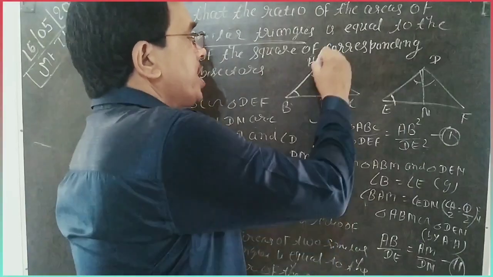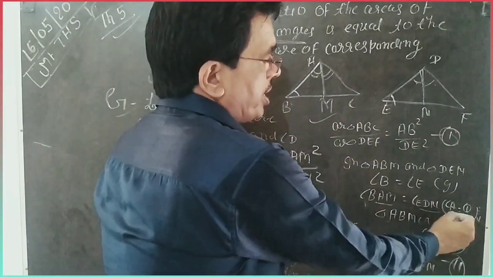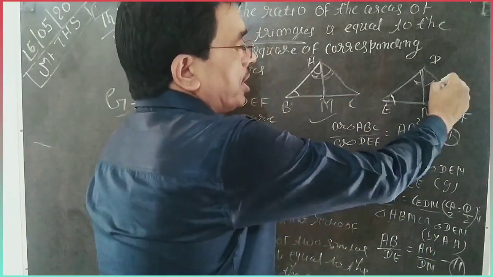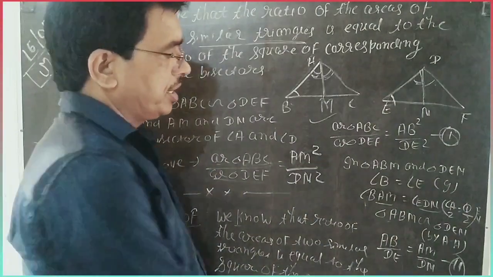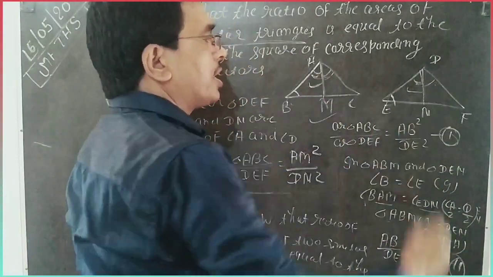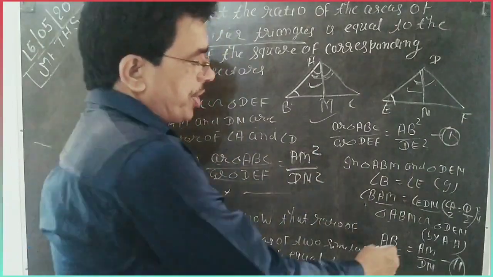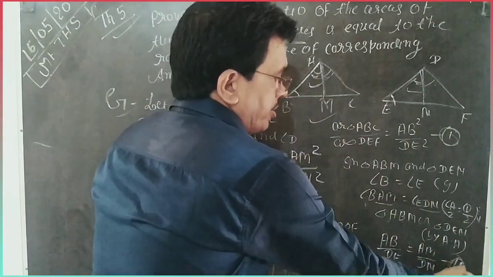Next, angle BAM is equal to angle EDN, because half of A is equal to half of D, because AM and DN are the angle bisectors. Hence, triangle ABM is similar to triangle DEN. So you write AB by DE is equal to AM by DN. That is equation second.